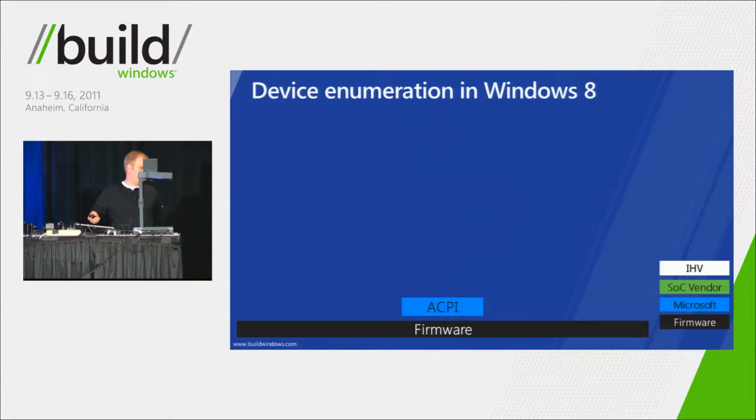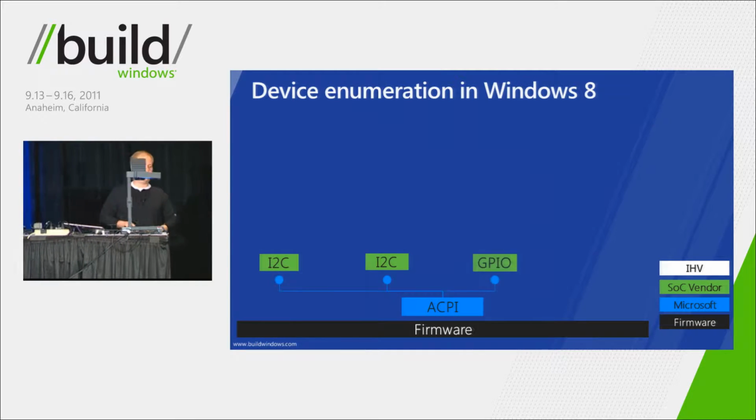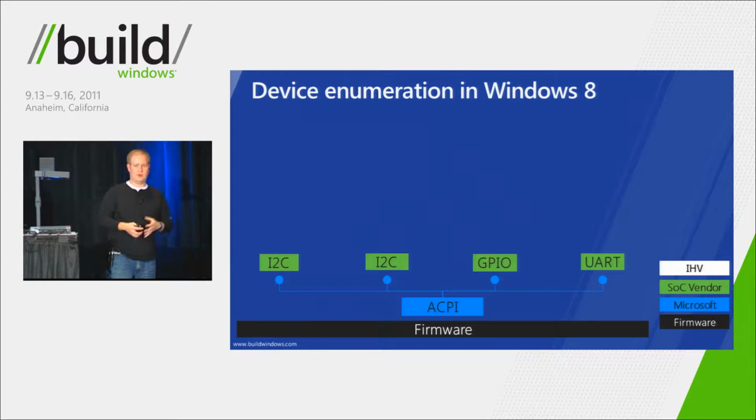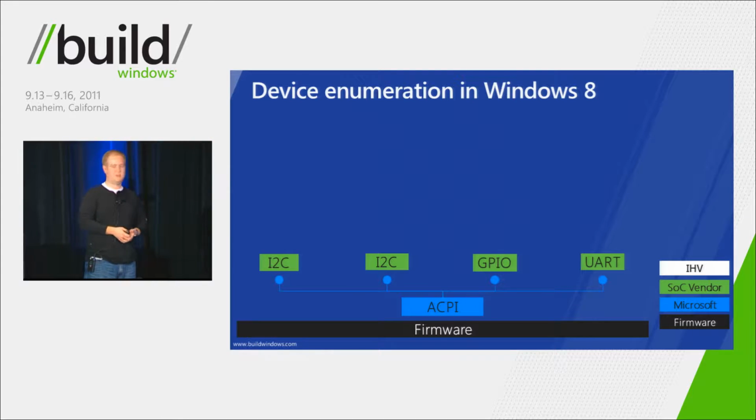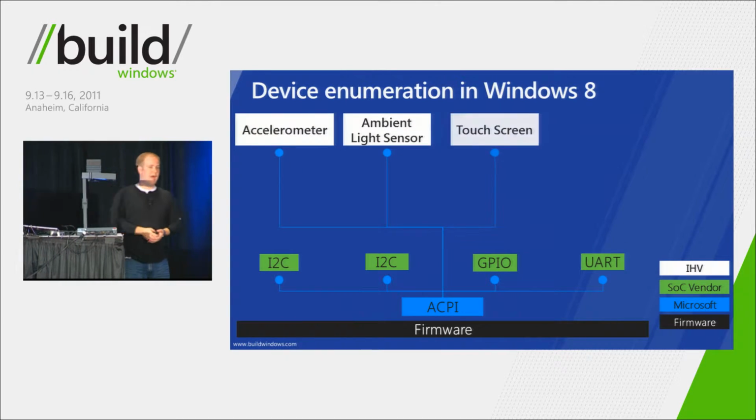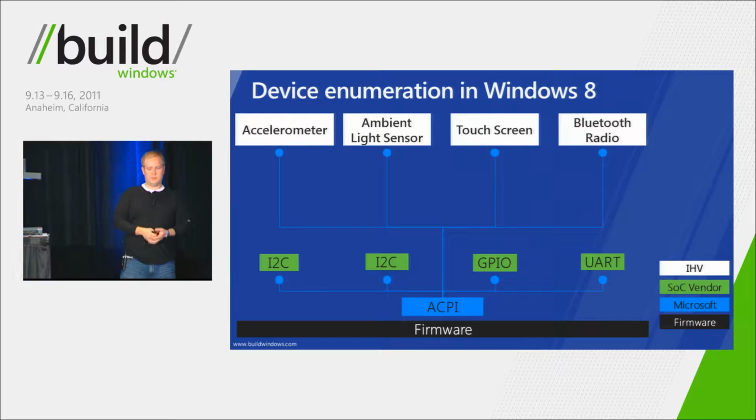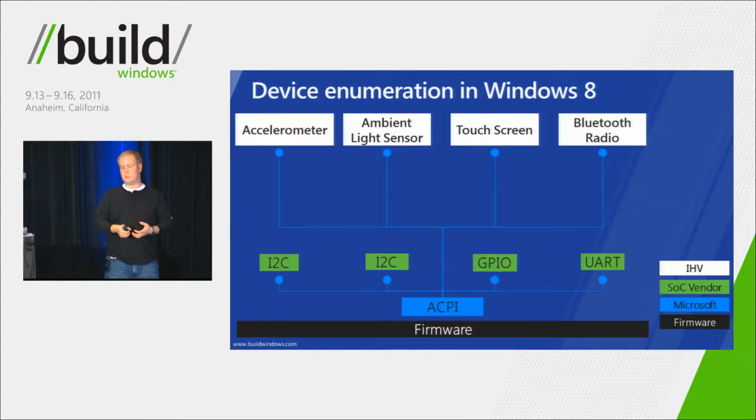So we start with the firmware, and we look at ACPI. And ACPI is going to go through and enumerate all of the controllers, I2C, SPI, UART, et cetera. We're going to find all the controllers in there. Generally, a system might have 2 to 6 of each type of controller. And then we're going to go in and enumerate your peripherals. This is all coming out of ACPI because these things aren't plug and play. So all of this is stored in the firmware of the computer system.